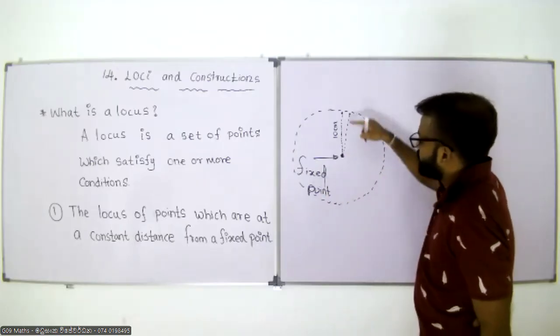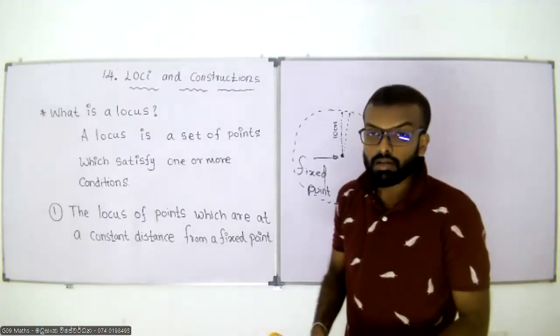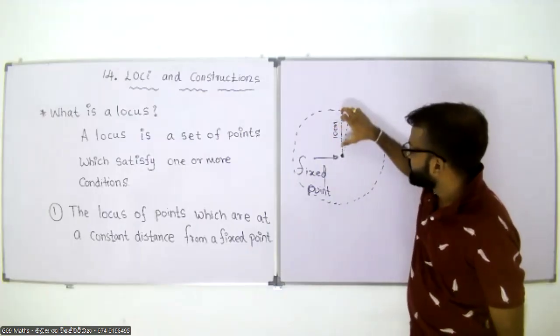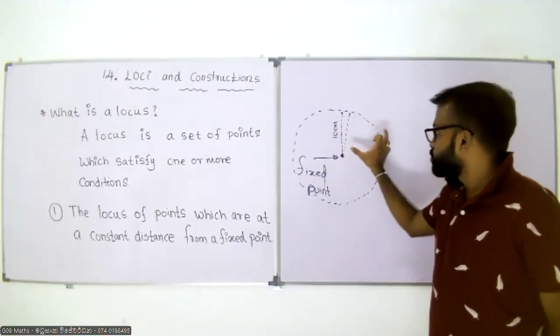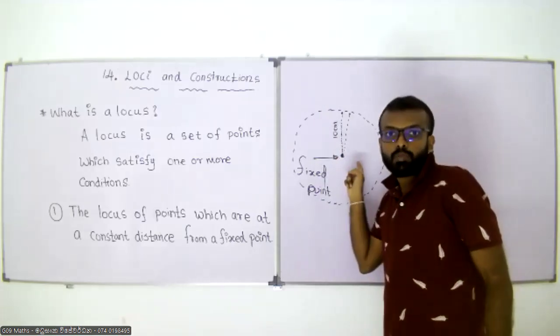Around the fixed point, we have a constant distance to each and every point in the set.